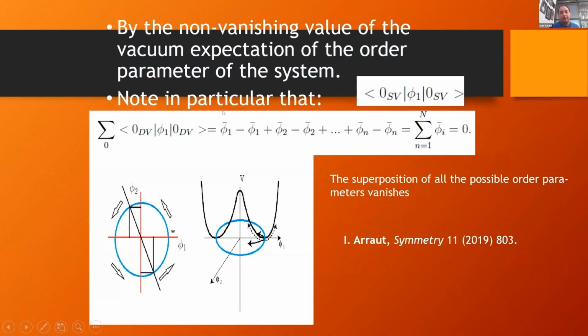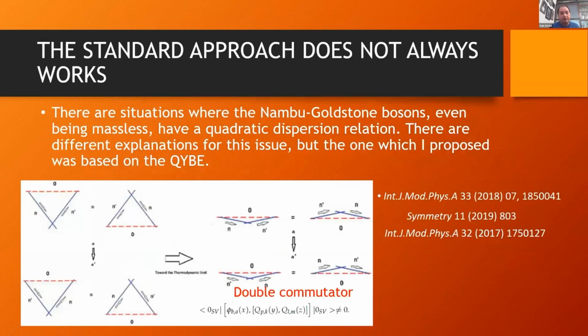Now, a few years ago, of course, if you have an order parameter with a non-zero vacuum expectation value, still if you do the superposition of all the possibilities of the other parameters, that gives you a zero. And this a few years ago gave me the chance to demonstrate that the Nambu-Goldstone theory emerges fundamentally from the quantum Yang-Baxter equations, which basically are triangular relations.